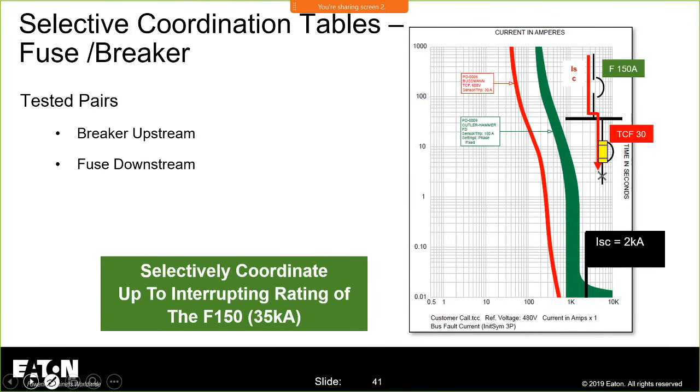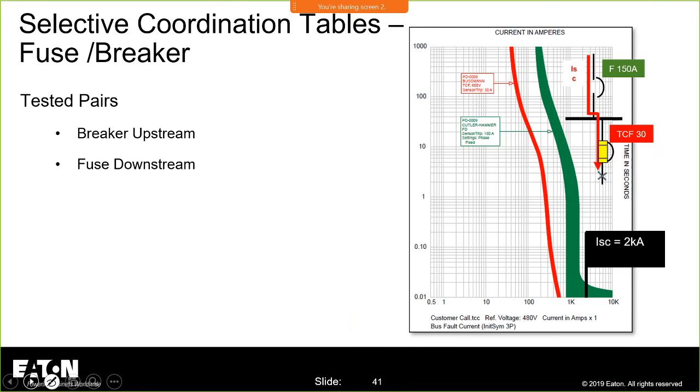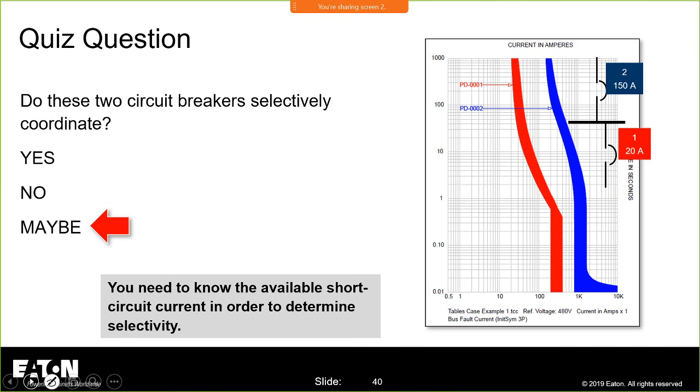Now, from an Eaton perspective, we have tested our fuses downstream of our circuit breakers, so we can give you some breathing room. Because remember, go back to that other example. If I have this breaker and I know these will coordinate at 1500 amps and I have more than 1500 amps, how do I fix that problem?